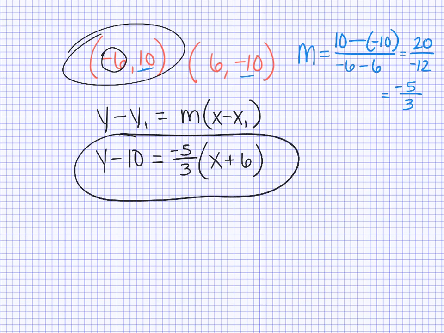And there it is in point slope form. And again, you could solve it for y if needed to, but we're just going to stop there for this one. So point slope form, a third way that you can write equations using equations for a line. And again, you'll be given the formula. You just got to know where to plug in your numbers.